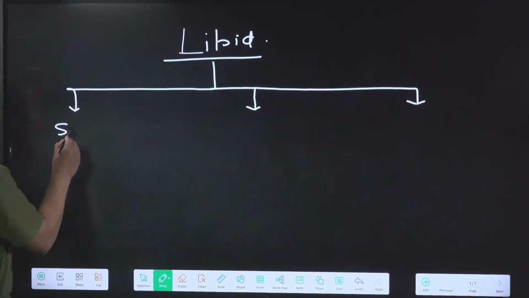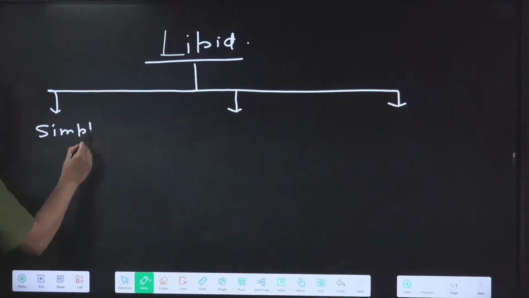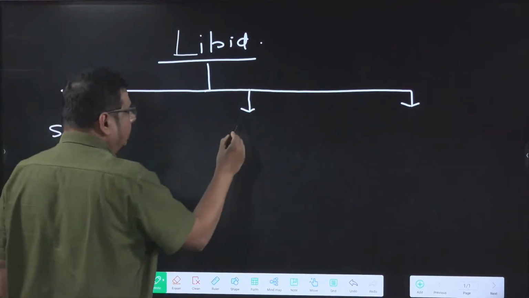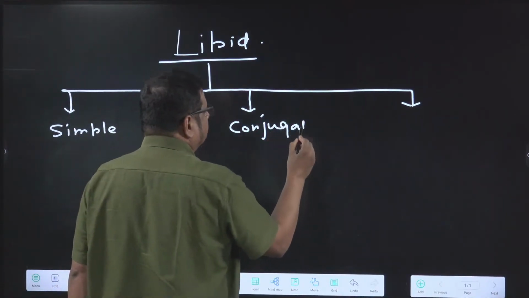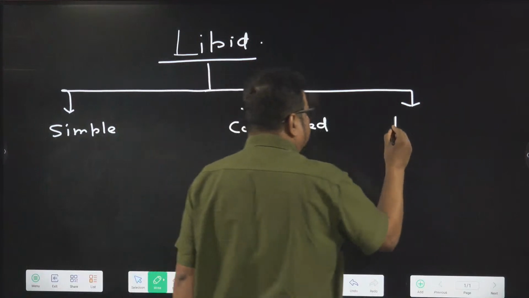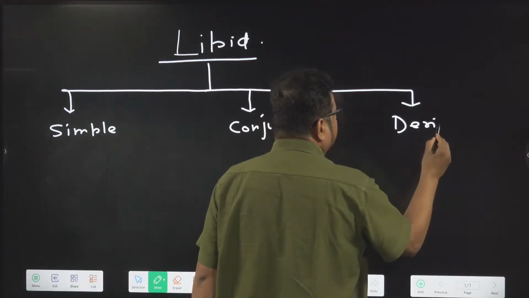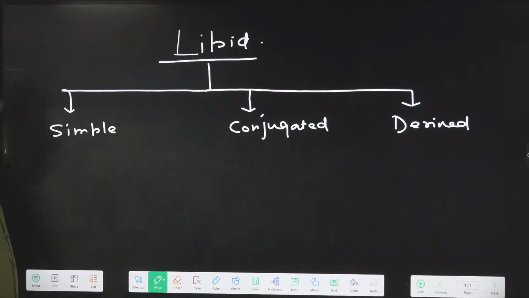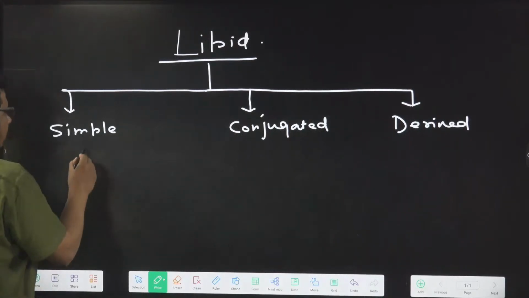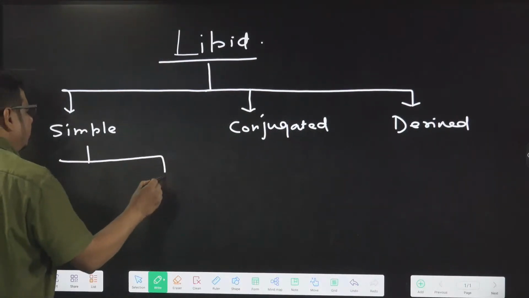One is simple lipid, another one is conjugated lipid, and then another one is derived lipid. So 3 types of lipids are there: simple, conjugated and derived.